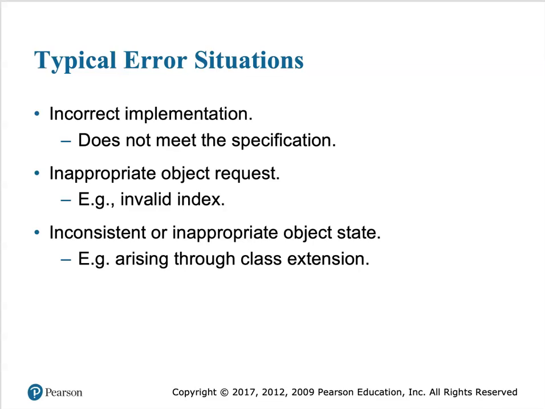And so this will start a chain of bug reports and bug fixes and negotiations to solve the problem. But it might not be the implementation. It could be that the wrong object is being sent, or a wrong integer or a primitive is being passed. So an index to an array or an array list that is outside the bounds of the array will create a problem.